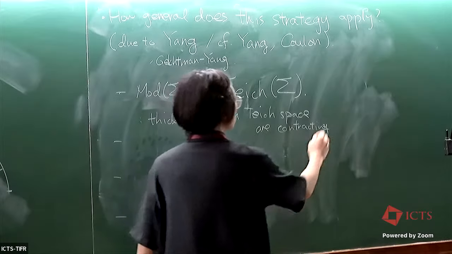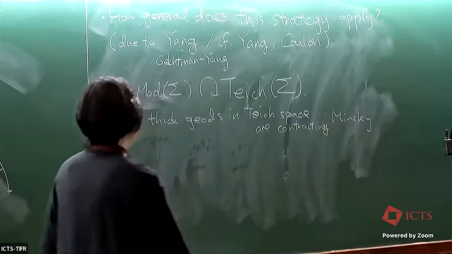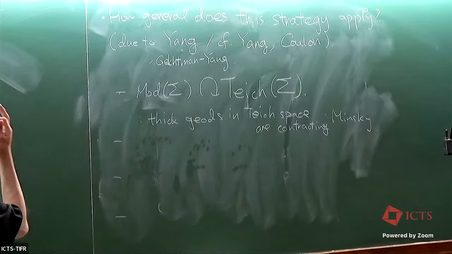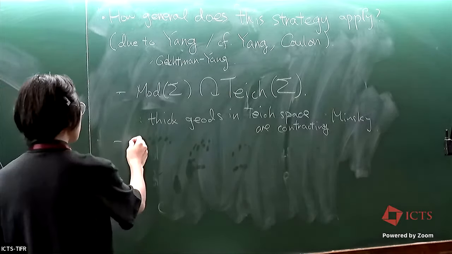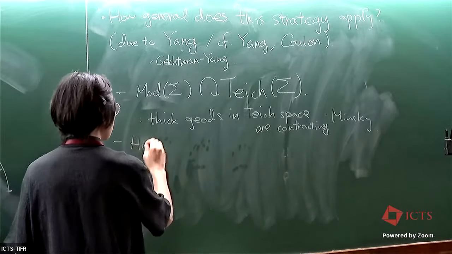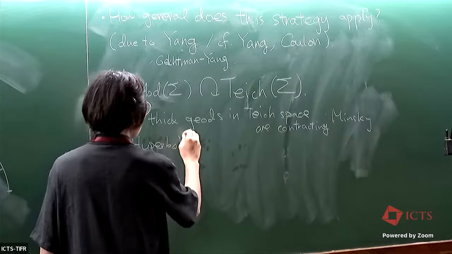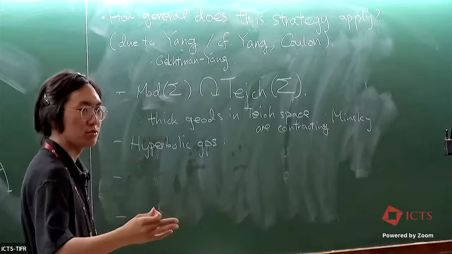This is due to Minsky. And also, I mentioned that if the CAT(0) space happens to be also a hyperbolic space, then there are rank 1 isometries. That's not so in general for hyperbolic spaces, namely hyperbolic groups, where all loxodromics are rank 1 isometries.